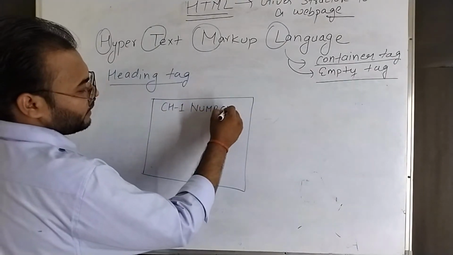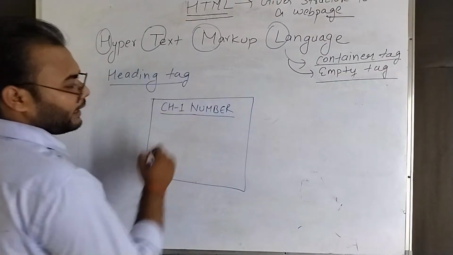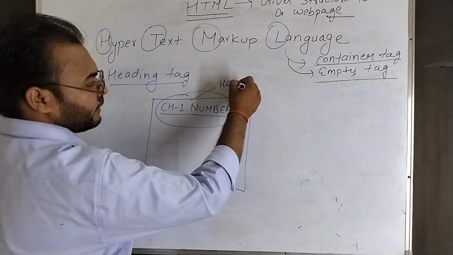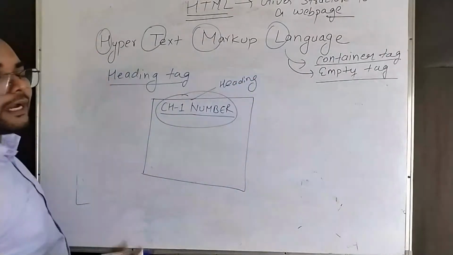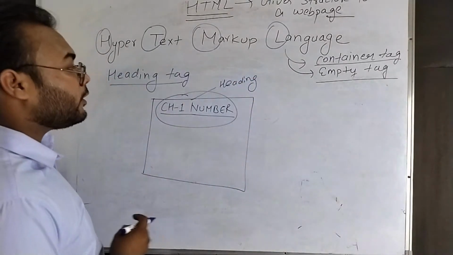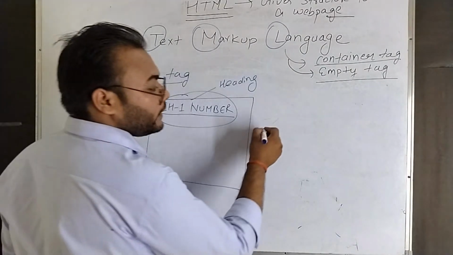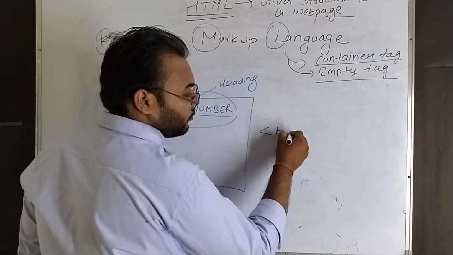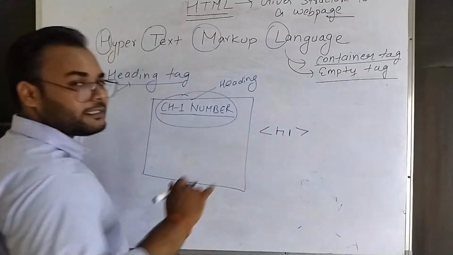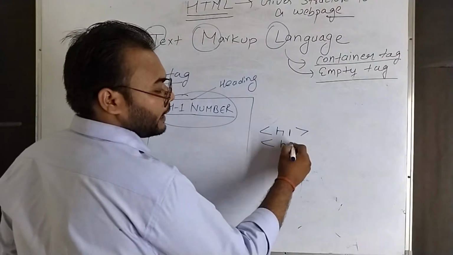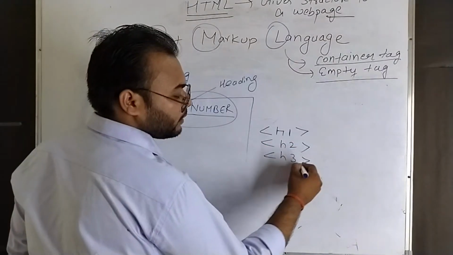Suppose I write a number as a heading, underline किया, so what is this, this is called heading. तो किसी भी वेब पेज में अगर मुझे हेडिंग को ऐड करना है, what we are going to use? We are going to use a heading, अब डायरेक्ट हेडिंग नहीं लिखो, you are just going to use H1, there are different sizes.